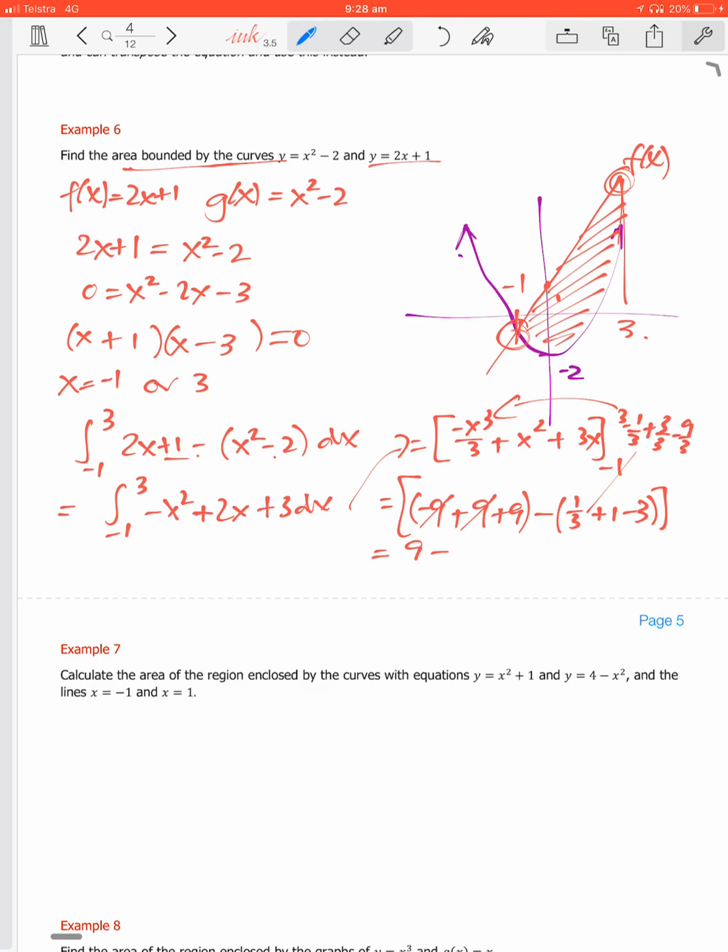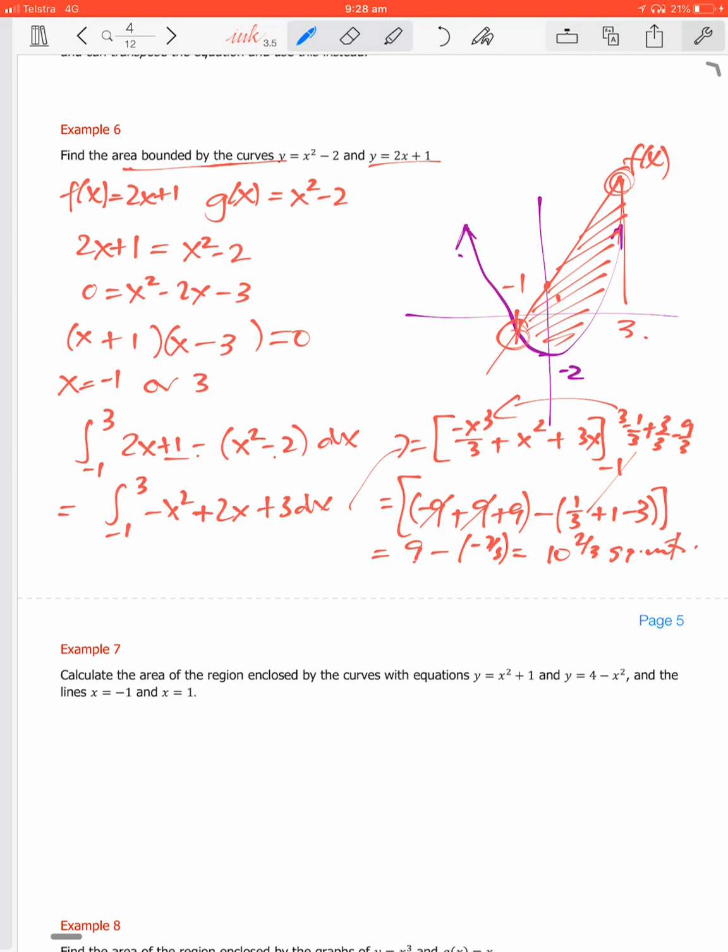So 1/3 plus 3/3 is 4/3, minus 9/3. I'm going to get minus 7/3, which is going to be 10 and 2/3 square units, because I've got 9 plus 1 2/3.